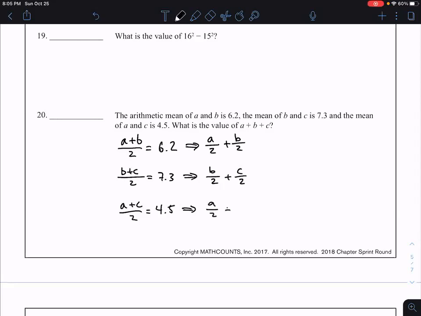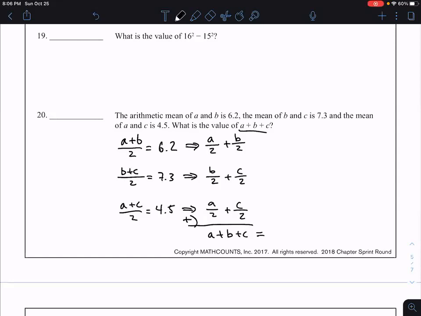This is A over 2 plus C over 2. So looking at all of these, if you add all of these together, then you'll get A plus B plus C. Since you have all of these halves, they'll all add up to 1. So if you add up all of these, you'll get A plus B plus C.